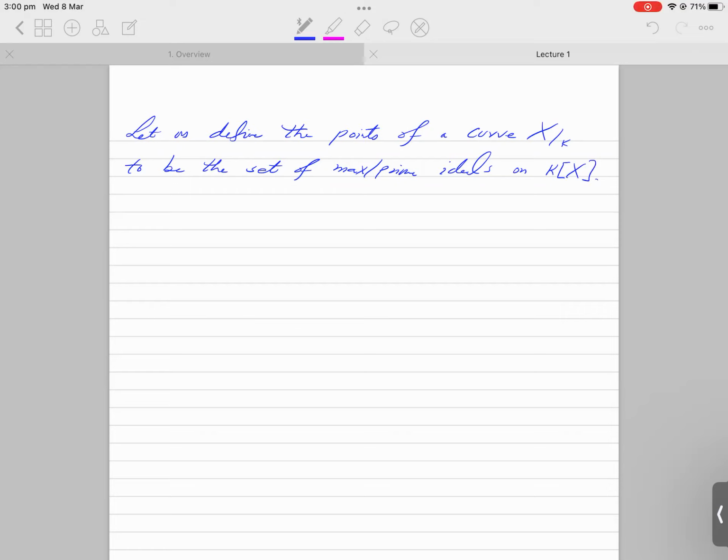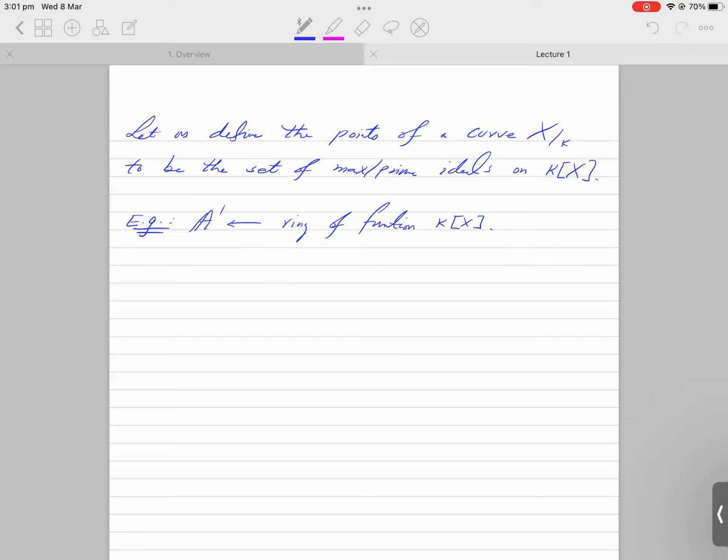So let's do an easy example. Just a line. What are the points on a line? Okay, so what is a line? I denote it by A1. This is a weird thing we do in algebraic geometry. The ring of functions on this is just K[x], just a polynomial algebra.